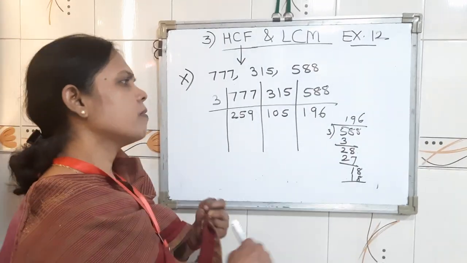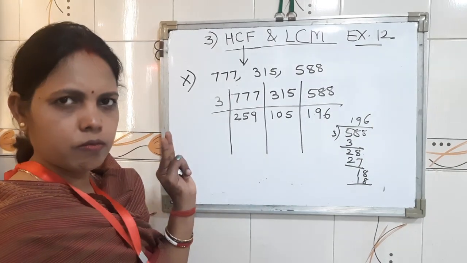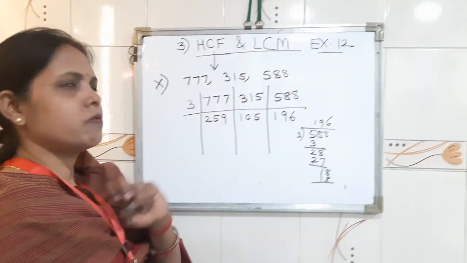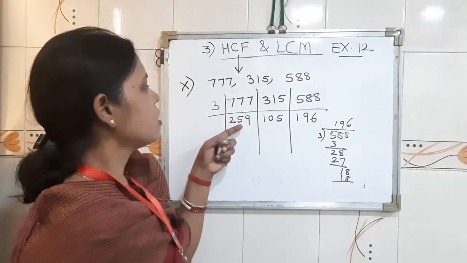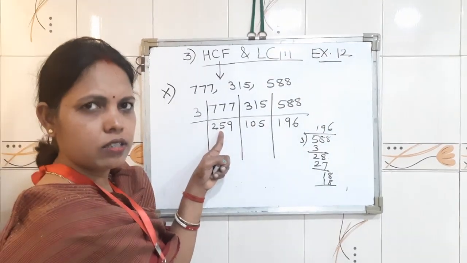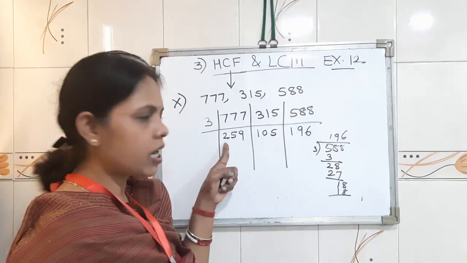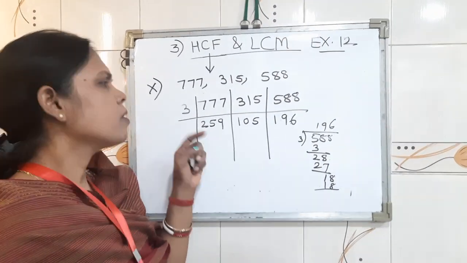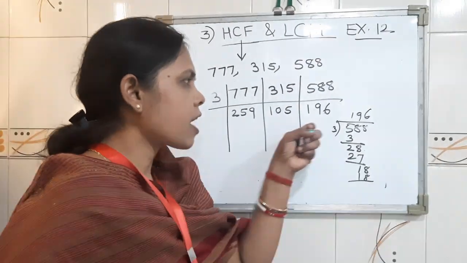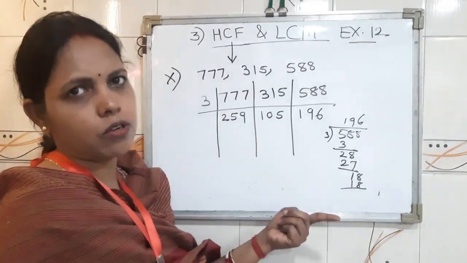So children, we see all three numbers will not divide by 2. Now by 3, we add the digits of all three numbers. For 259, 9 plus 5 is 14, 14 plus 2 is 16. 16 is not in the table of 3, so one number is not divisible by 3, and we can't take it for all three numbers. We move to our next number, 4.